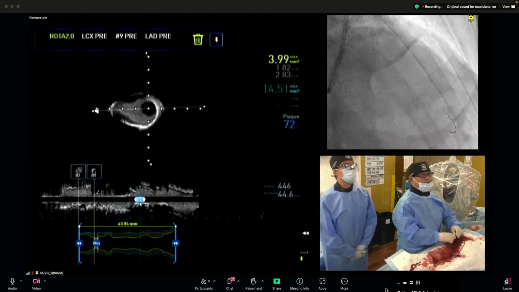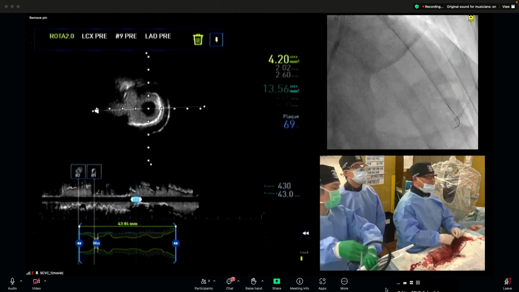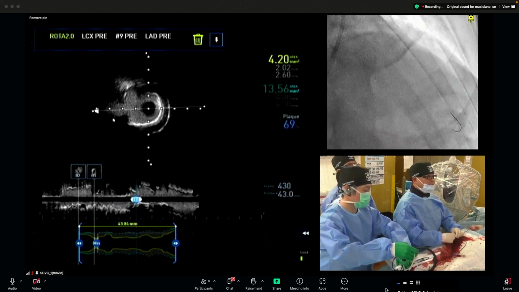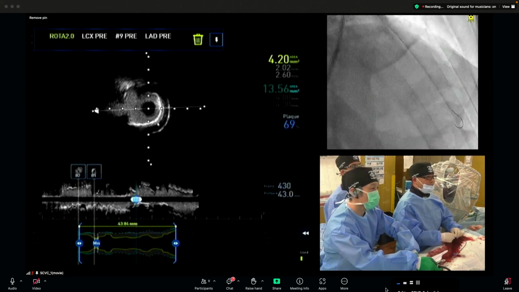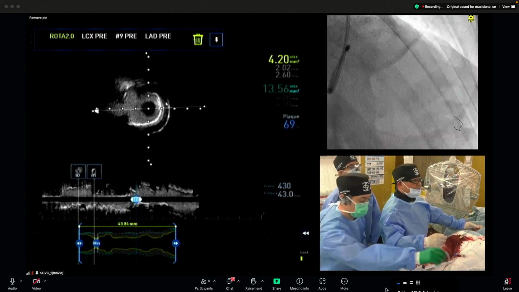But the calcification is aberrated. This is a diagonal, and we can see the severe calcification at the opposite side of the diagonal branch. This part looks aberrated, but the severe calcification is still there.